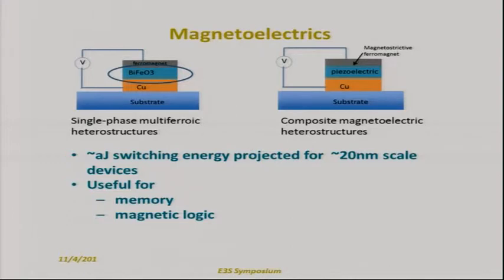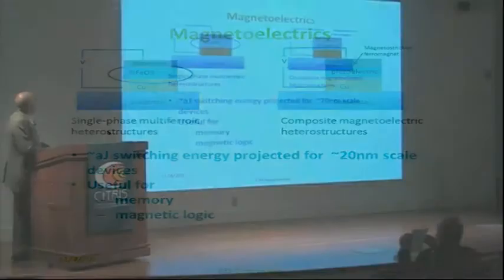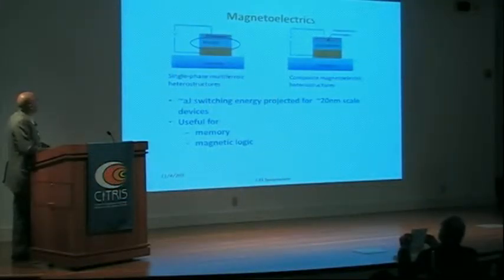There's a material, bismuth iron oxide, BFO, which is being actively researched by my collaborator in material science at Berkeley, Ramamurthy Ramesh. This material is ferroelectric and anti-ferromagnetic, but it has these two coupled properties at room temperature. And the anti-ferromagnetism is tightly coupled to the ferroelectricity.